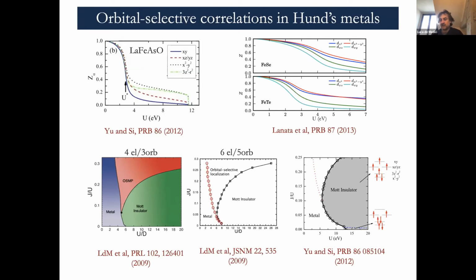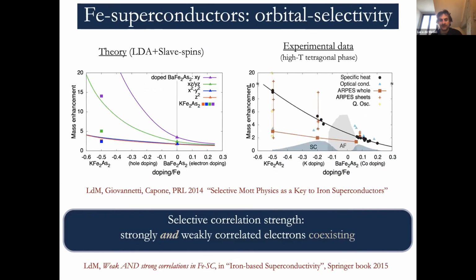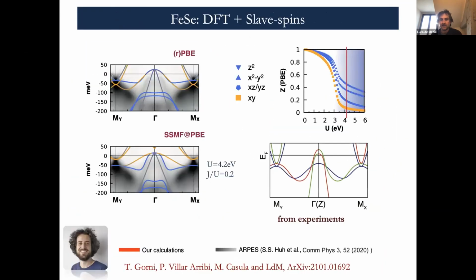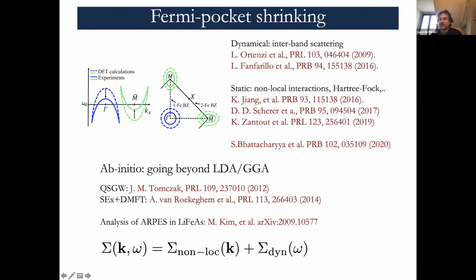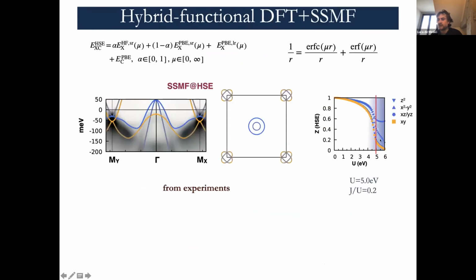And that's why when Ming asked me what I find, I was just quoting the fact that the XY orbital that we find running slave spin on top of the standard DFT is a little more correlated than what we find when we run it on top of the new HSE.